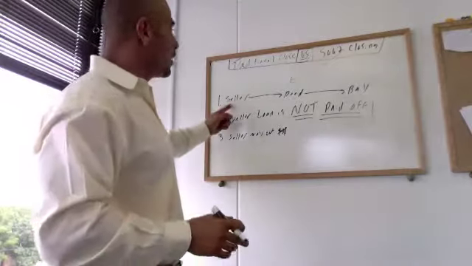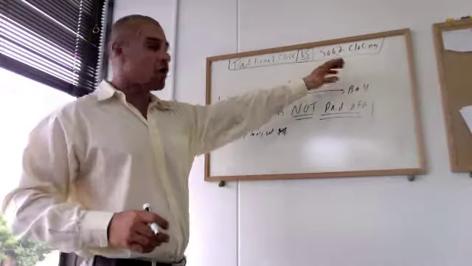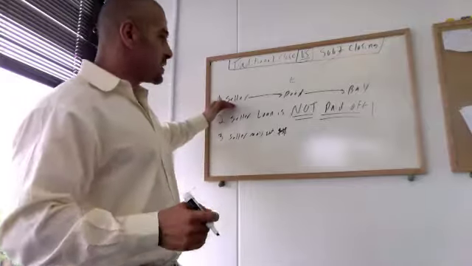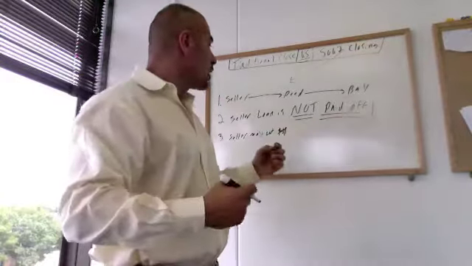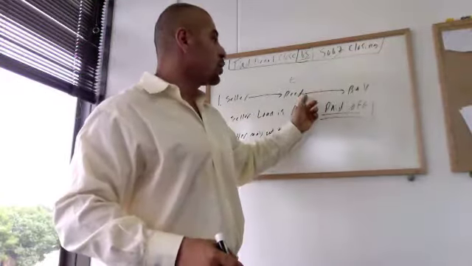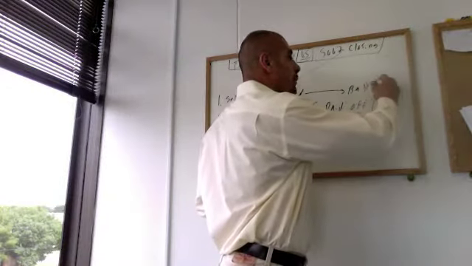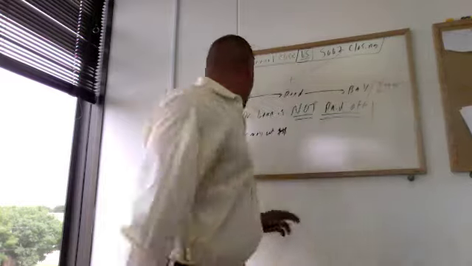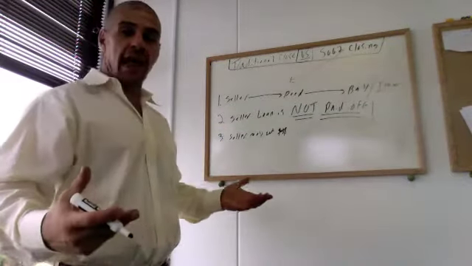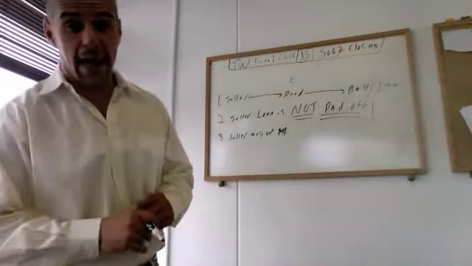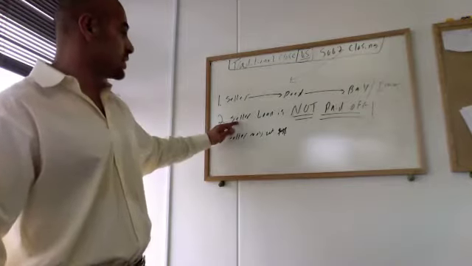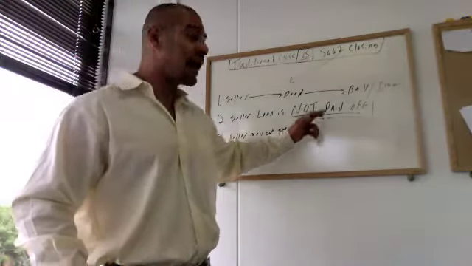Number one, we're talking about subject to. Okay? What happens is that the seller is going to convey or give you the title of the property. So you as the buyer or investor, you're going to own the property from day one. Okay? The next thing that's going to happen, in this case it's not going to happen at all, is that the seller's loan is not going to be paid off.